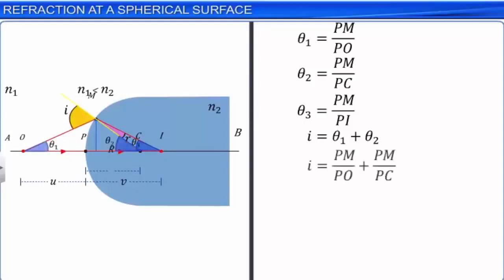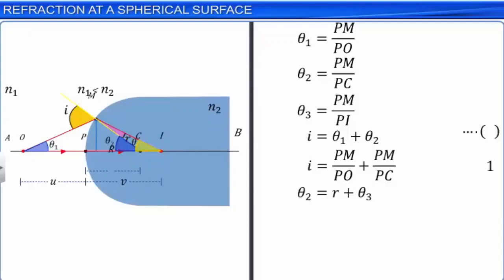But according to Snell's law, sin i by sin r is equal to N21, and we know that N21 is equal to N2 by N1. Therefore, N1 sin i is equal to N2 sin r.